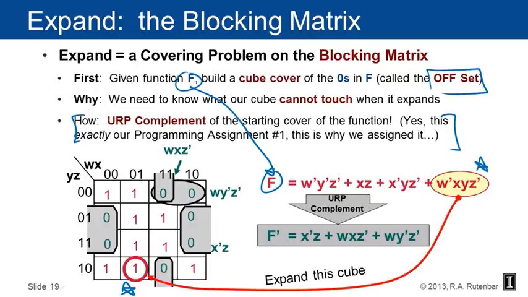And so we get a cube x bar z, which is in the middle two rows, the left and right columns. We get a w x z bar cube, which is in the third column, the top and bottom rows, and we get a w y bar z bar cube, top row, right two columns. So those are the things we should not be overlapping when we grow this cube.